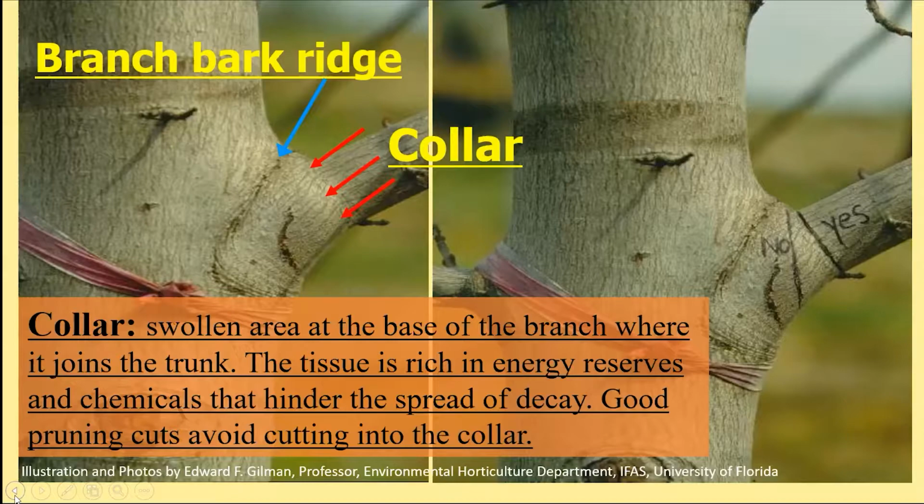That's formed because the bark of the trunk is pushed against the bark of the stem as they grow together. So you move away toward the stem from the bark ridge and then look for an area that looks somewhat different from the rest of the plant. The collar here looks swollen, but in some other trees, it may look really wrinkled. At any rate, it takes a great deal of practice to be able to spot it.